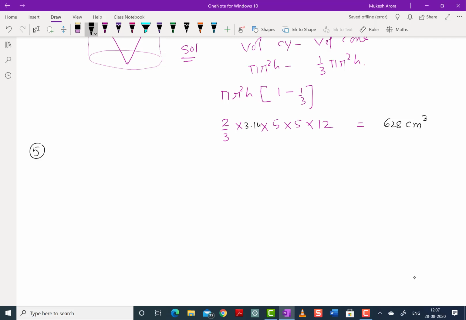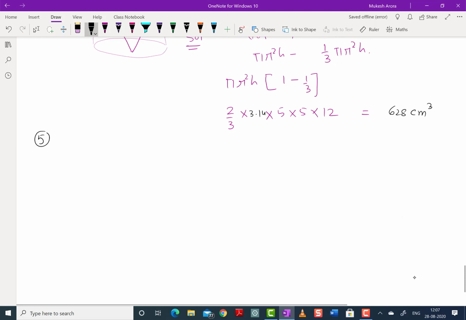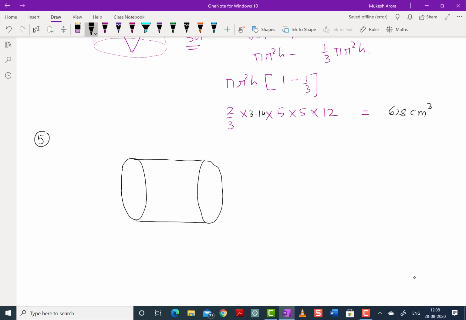Example number 5 is, the oil storage tank consists of a cylindrical portion of 7 meter diameter, and it has 2 hemispherical ends, and the total length of tank is 20 meter.